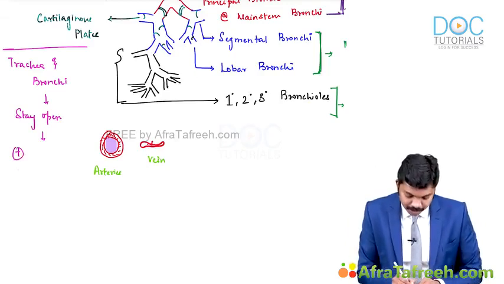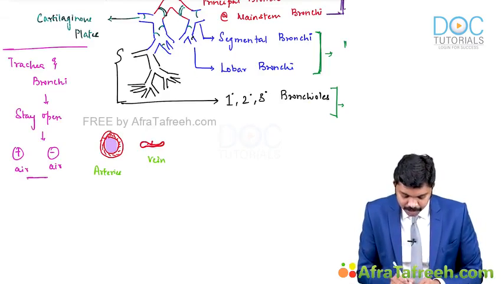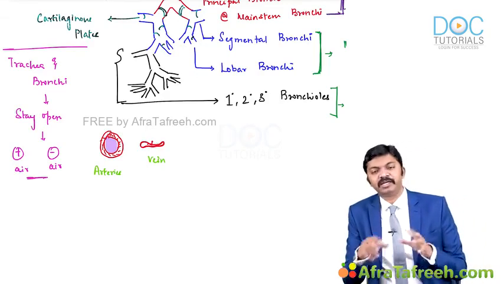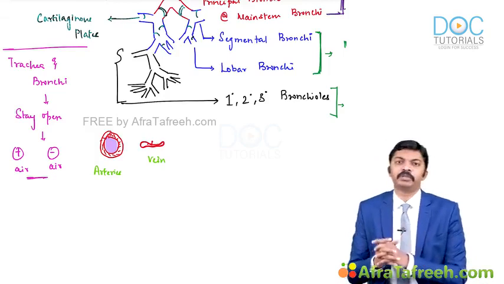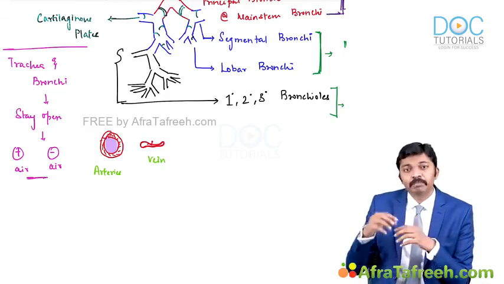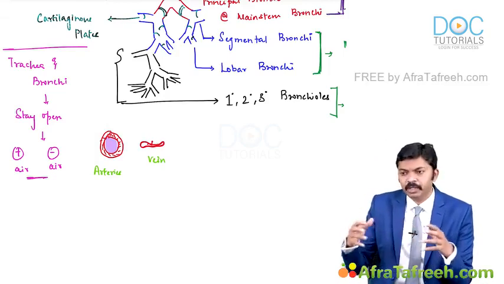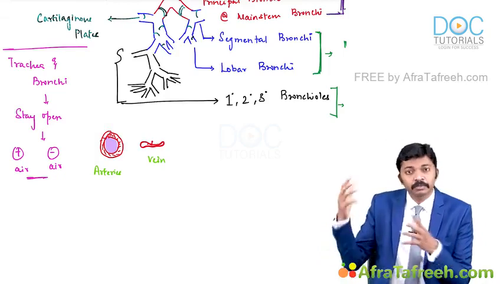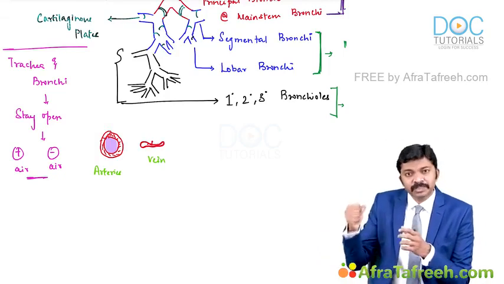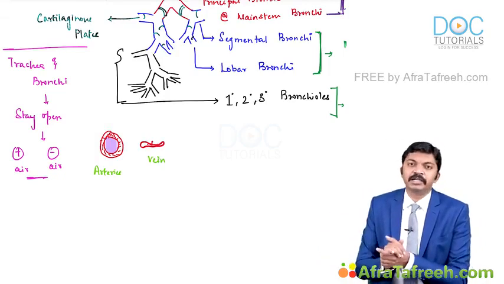Either there can be air in or there is no air in, in spite of that, the trachea and bronchi are going to stay open, doctors. Which is why, if you take a look at a butcher shop or your anatomy dissection hall, the museums, lung specimens are kept in formalin jars, isn't it, my dear friends?